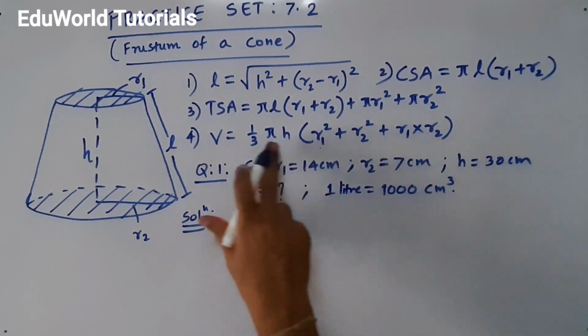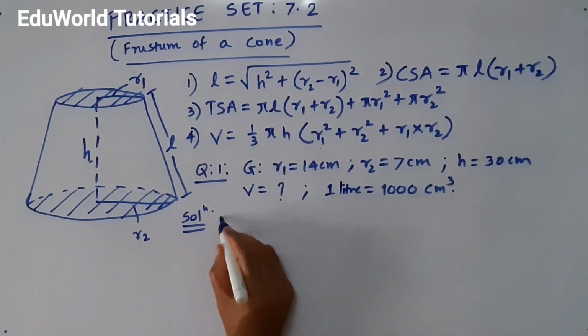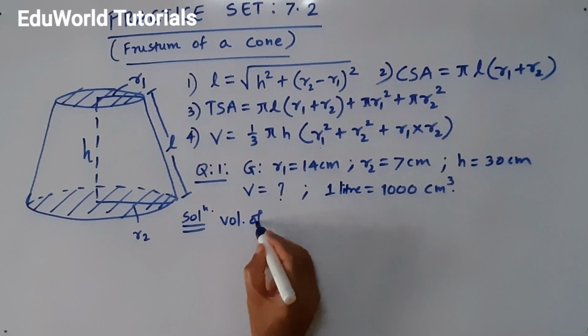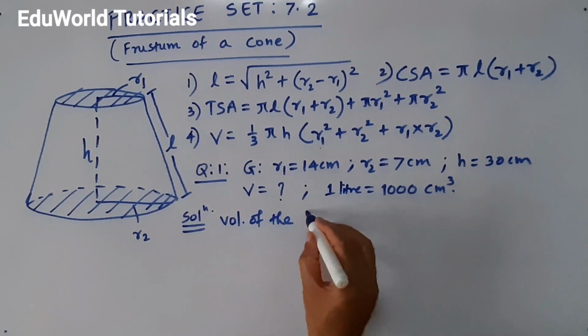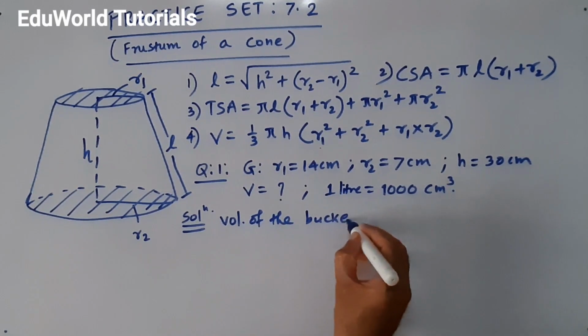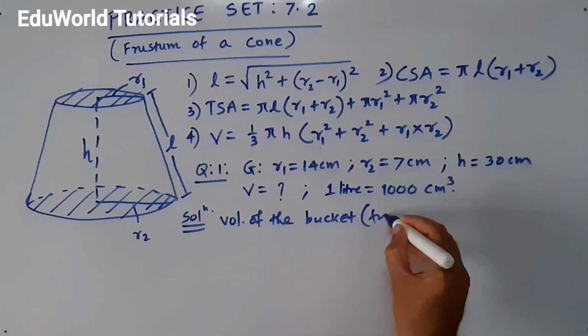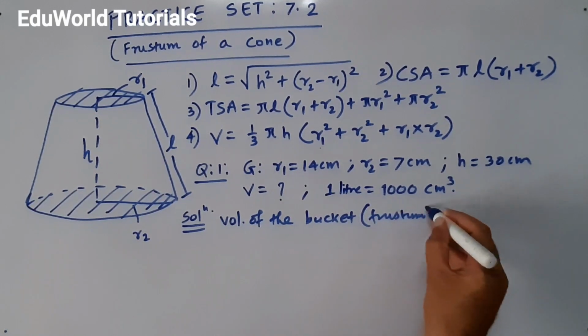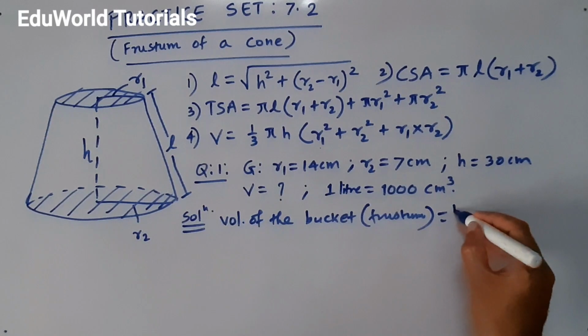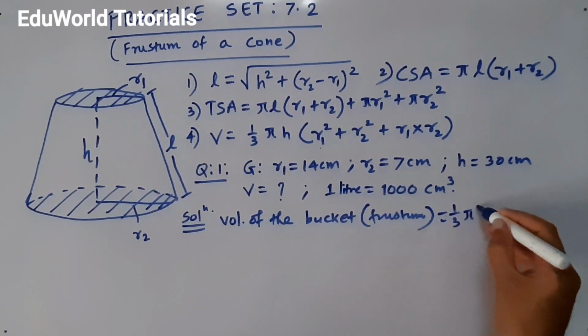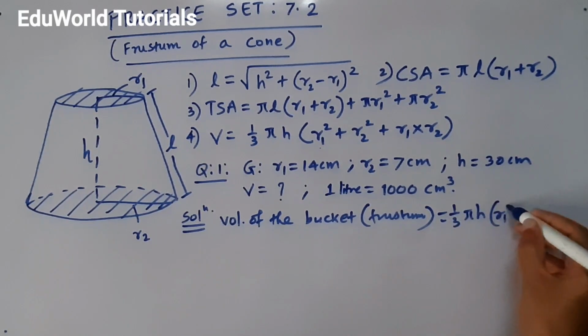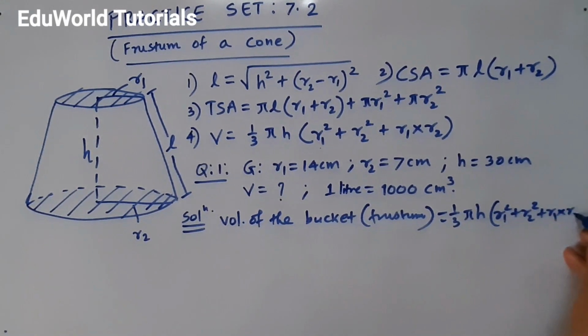We have everything here. So what do we write? Volume of the bucket, that is, of the frustum, is equal to, what is the formula? 1/3 pi h (r1 square plus r2 square plus r1 into r2).